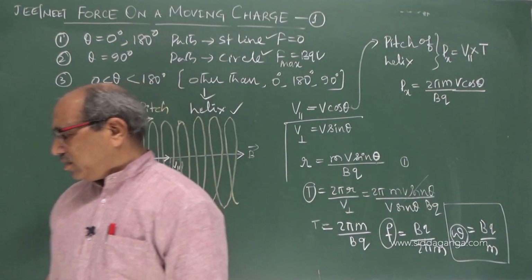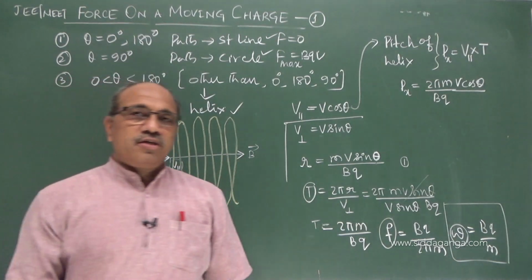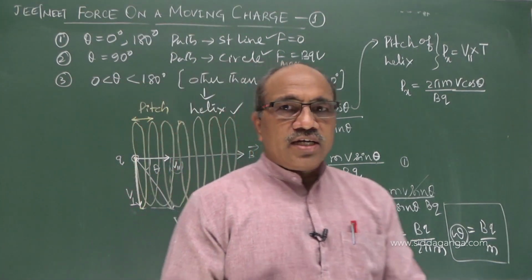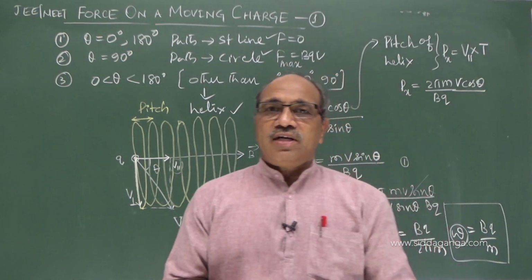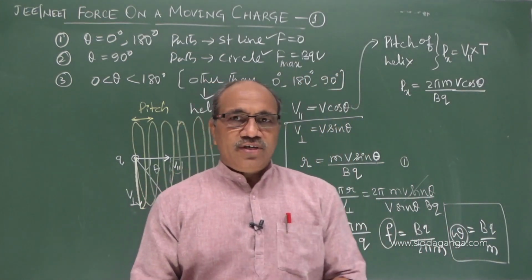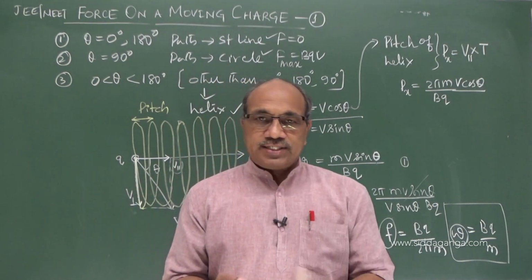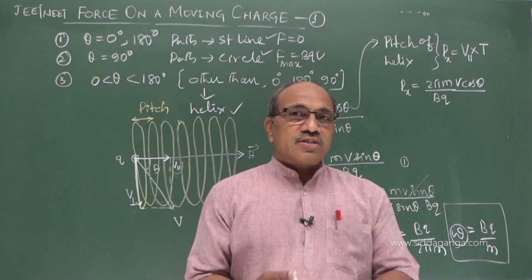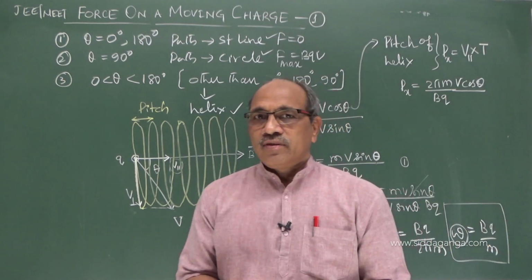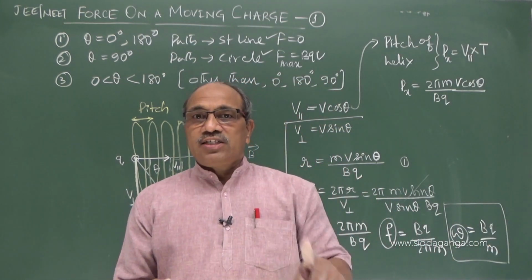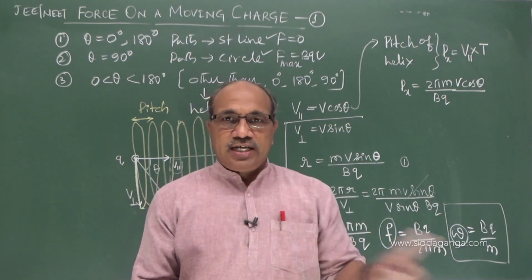So remember very carefully from today's video the magnetic force experienced by a charge moving in a magnetic field. It won't experience force if it is at rest or if it travels parallel to the direction of the field. In that case, the path traced by the charged particle is a straight line.